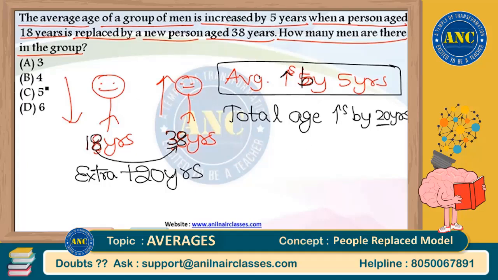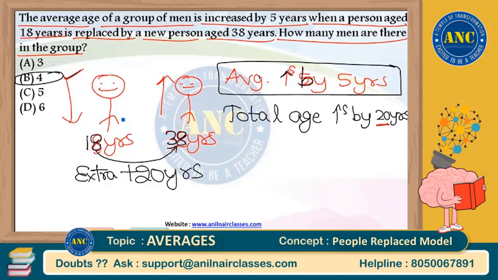If average of 4 people increases by 5 years, each of these 4 people should increase by 5 years, so that total will increase by 20 years. Answer: how many people were there? 4 people were there. How beautiful logic, sir. Twist it from the previous question, you will get another beautiful question. Concept remains the same. Concept is one thing which you should always concentrate on.